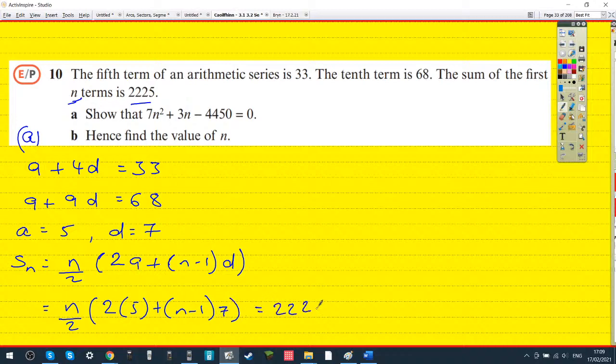So that's 10 plus 7n minus 7. So n over 2, 10 plus 7n minus 7.